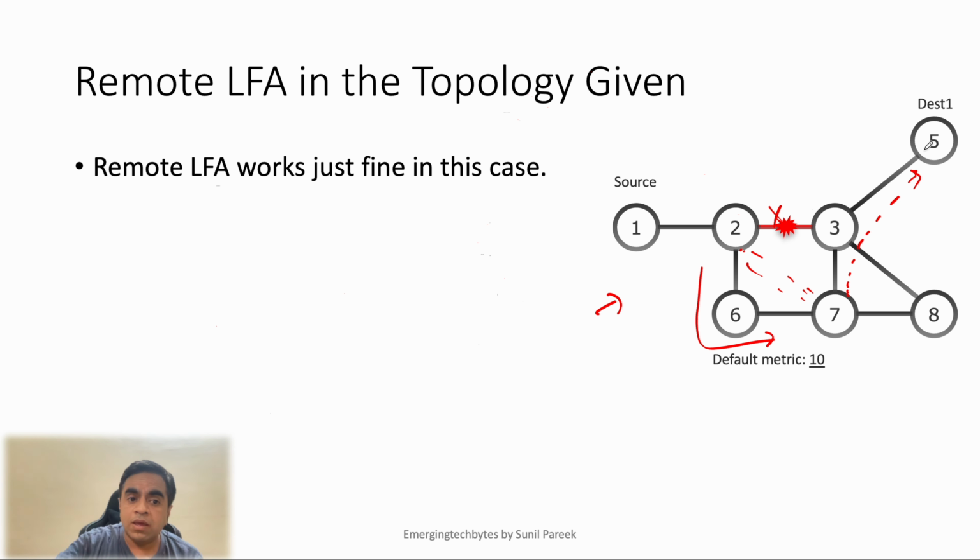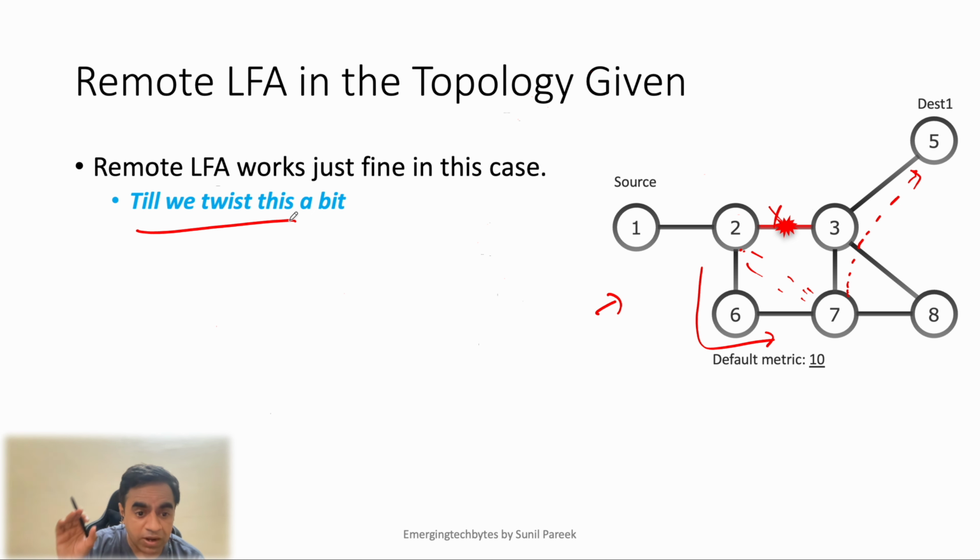But RLFA works just fine with this till we twist this a bit. What is that twist? That twist is that rain that I had seen when I was on that path, and that gentleman came and told me that you take this path.